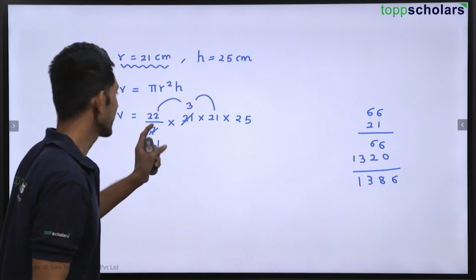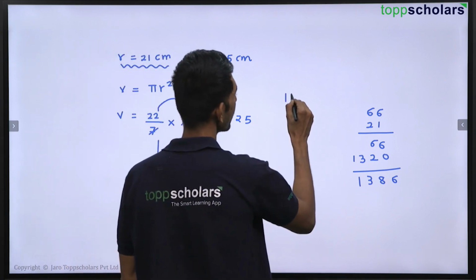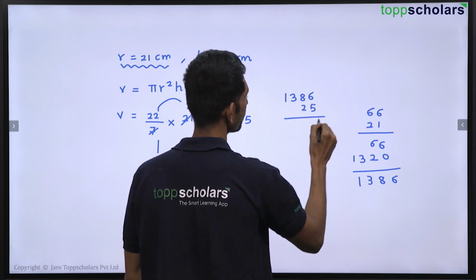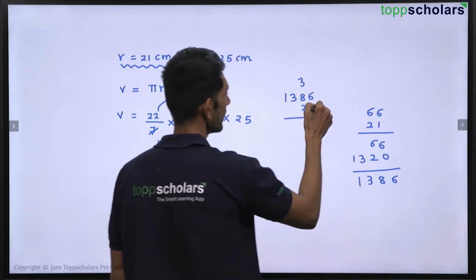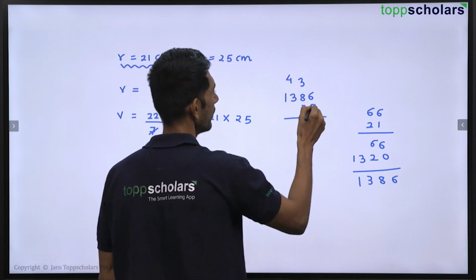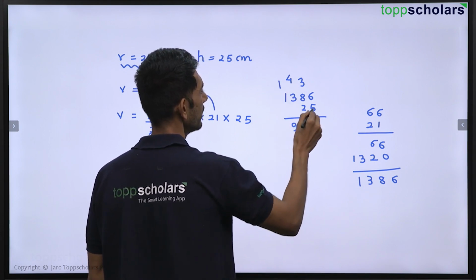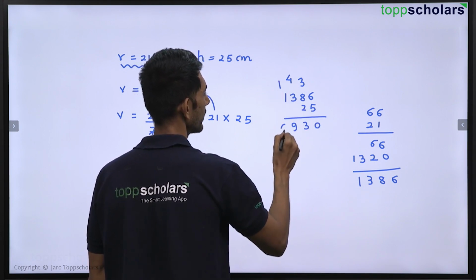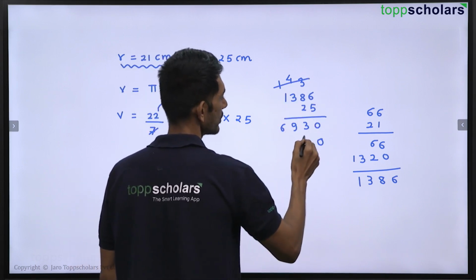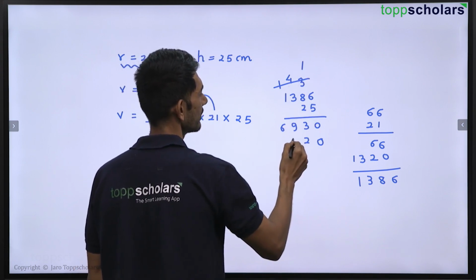So 66 into 21 gives me 1386, and then again I need to multiply 1386 with 25. 6 fives are 30, then 8 fives are 40 plus 3 is 43. 5 threes are 15 plus 4 is 19. Carry 1. 5 ones are 5 plus 1 is 6. Then 6 twos are 12. 8 twos are 16 plus 1 is 17.